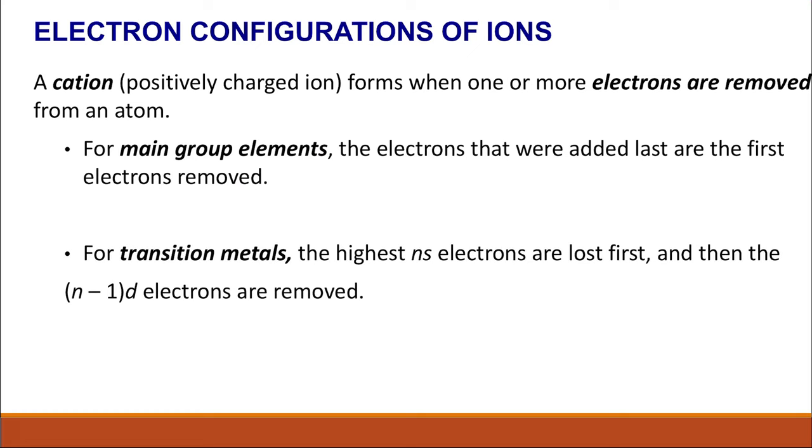However, for the transition metals, the highest ns electrons are lost first and then the n minus 1 d electrons. So this is the opposite, because we know that the ns electrons are filled first and then the d electrons are filled after that. But when they lose electrons, they lose the s electrons first and then the d electrons.